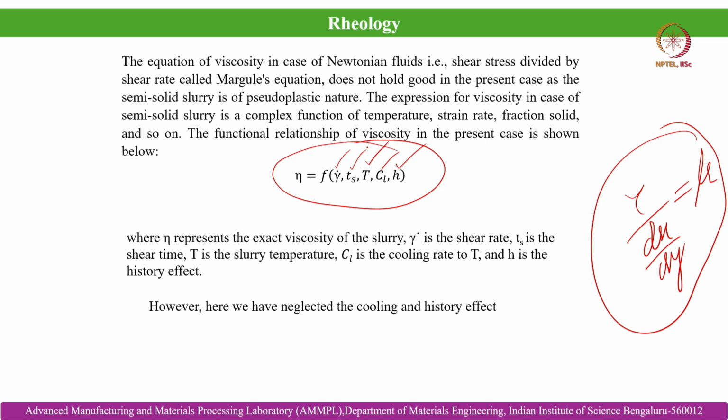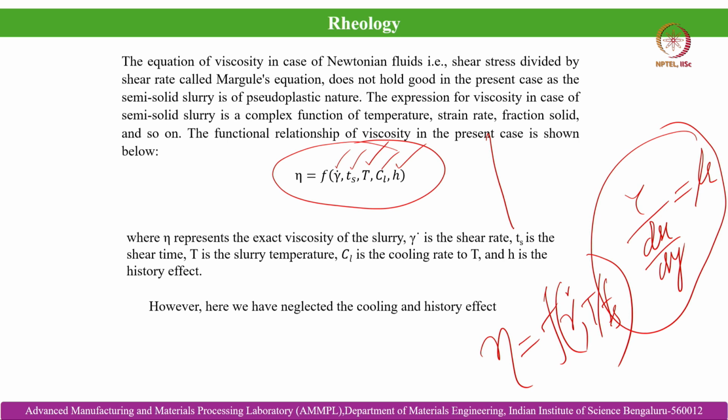However, in reality we generally neglect cooling and history effect, and grossly we express the viscosity as a function of shear rate and temperature or solid fraction Fs. They are commensurate, because in case of a solidifying liquid melt, temperature and solid fraction are dependent on each other.